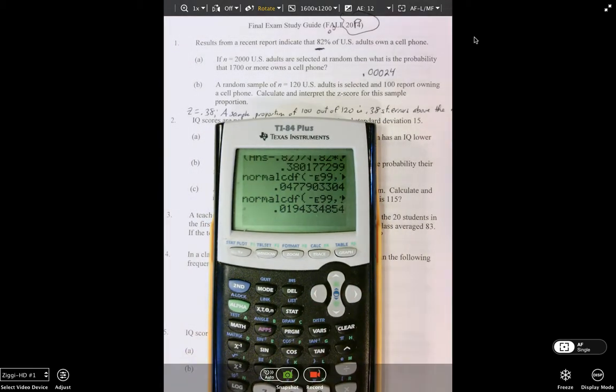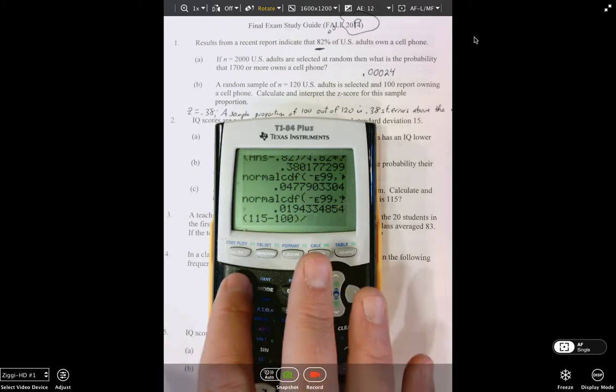All right, 2C, a random sample of 35 people is selected at random. Calculate and interpret the z-score if their average IQ is 115. So, unlike proportions, I can just type this directly into the z-score formula. If the sample mean is 115, we want to subtract the mean from that, and we want to divide by the standard error.